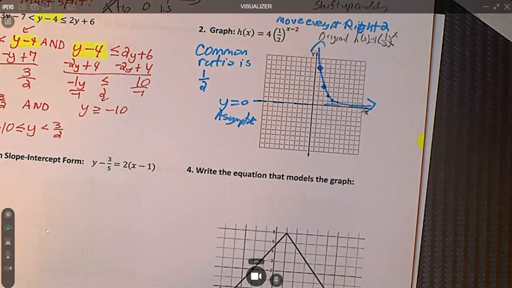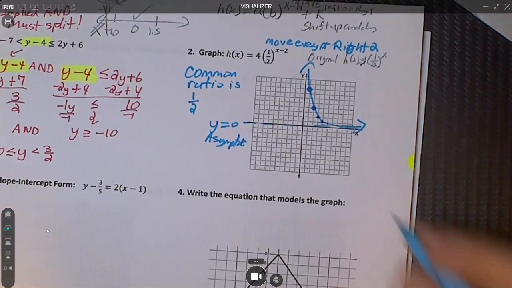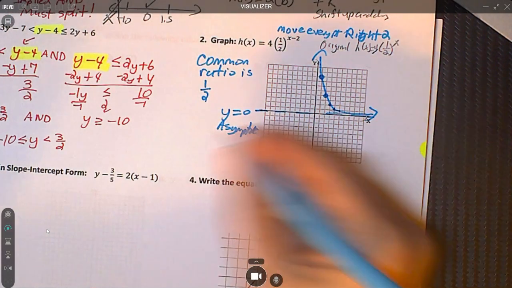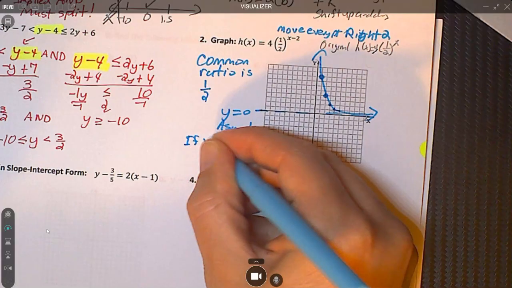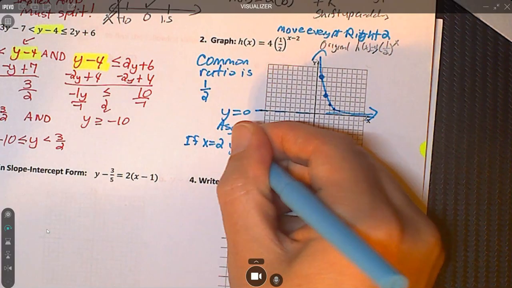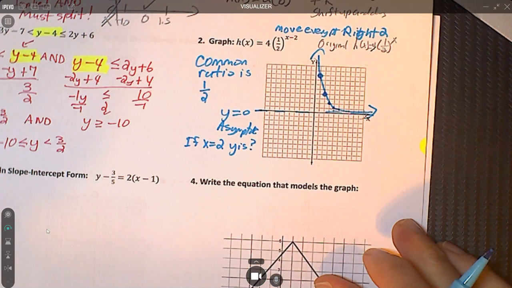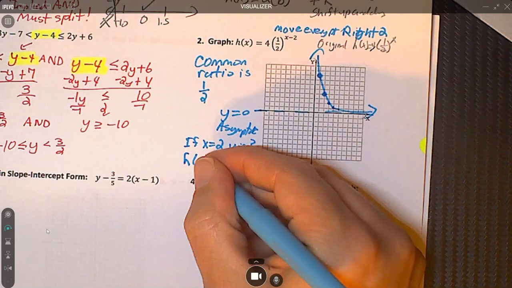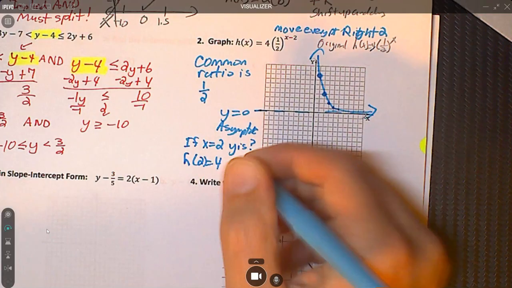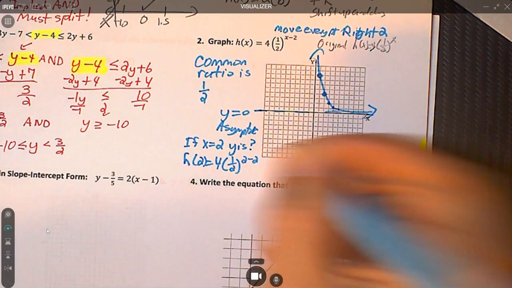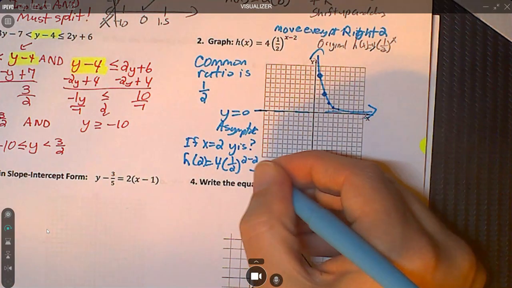And you could also, okay, so here's a different way. Let's say I plug in h of 2. So 2 minus 2, that's 0.